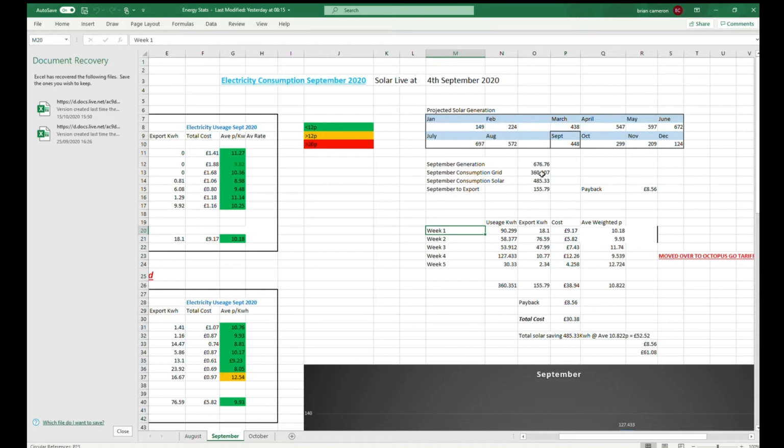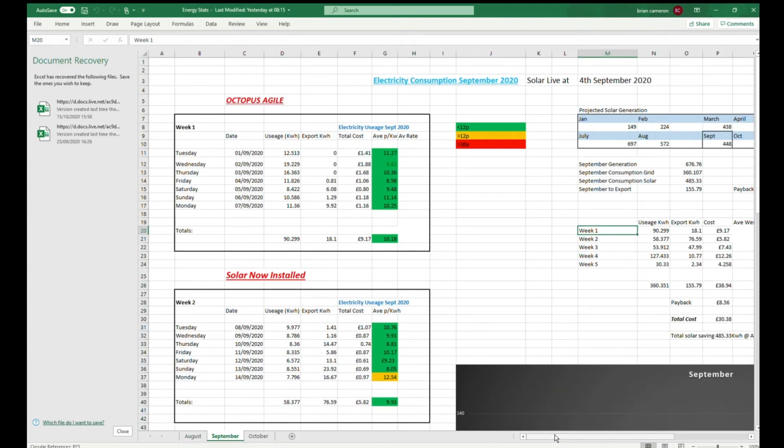That's what we draw from the grid, and we've got our consumption from solar, and then what we were able to export, and what that would have paid us back as Octopus, or also our preferred option for the payback for what we export back to the grid: Guaranteed export tariff, the GET, as obviously the FIT now, as of I believe January this year, was no longer available. They were phasing it out over the few years prior to that.